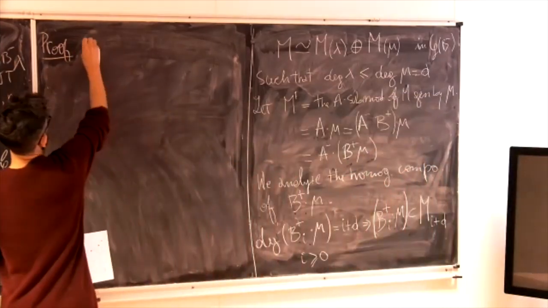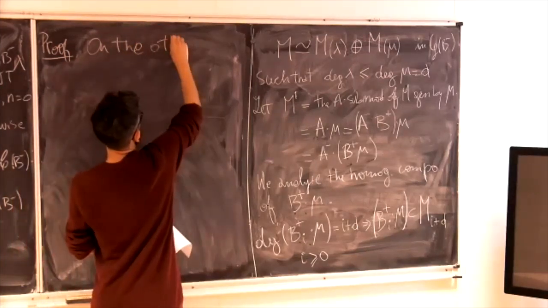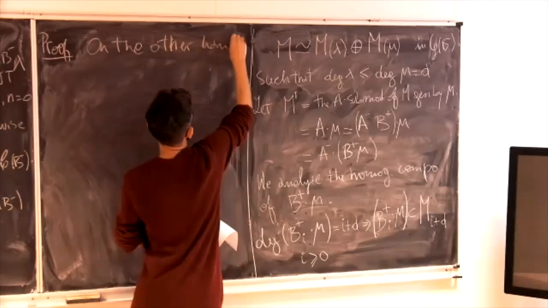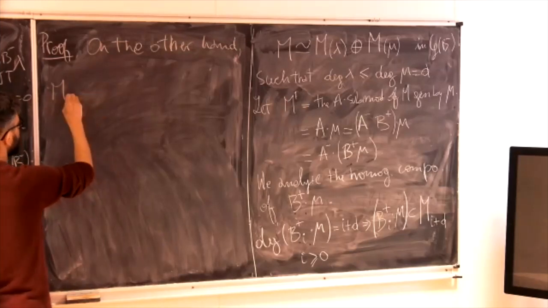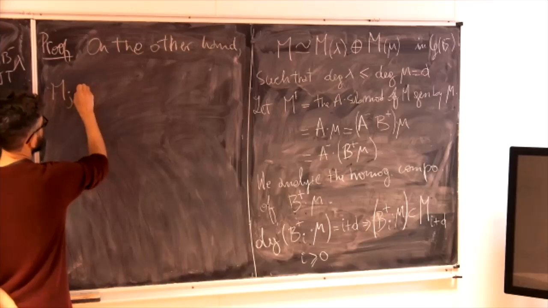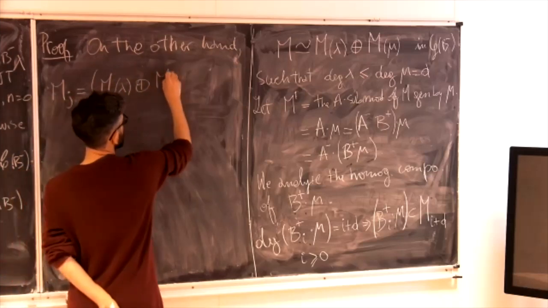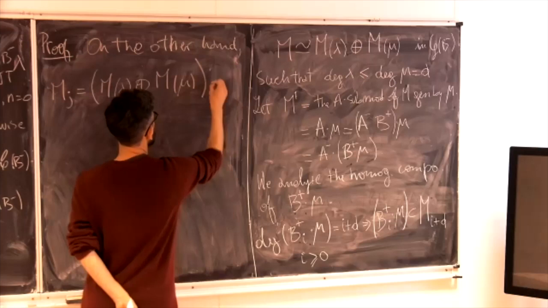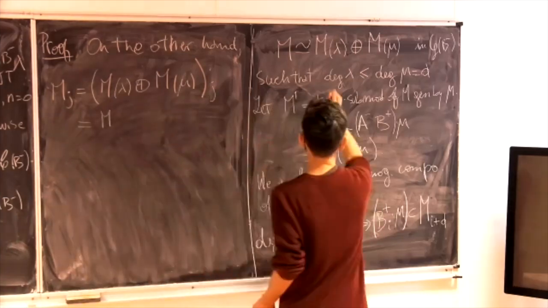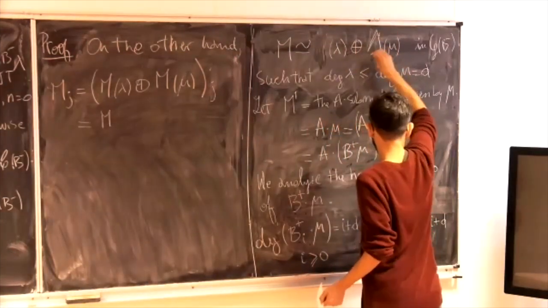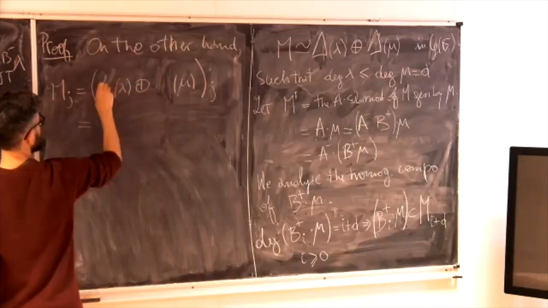So on the other hand, we can see that the homogeneous component of degree J of M is equal to the homogeneous component of this direct sum, and this M is delta, sorry, here is delta.